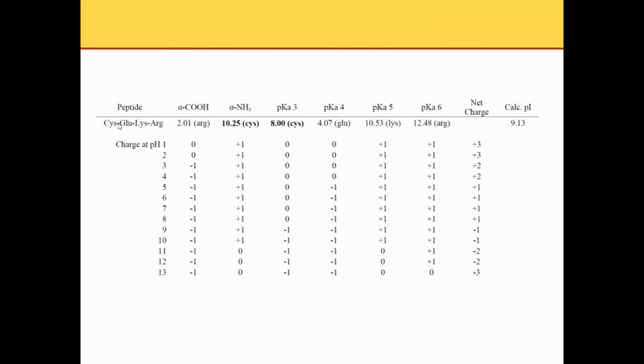Since they all have a titratable side chain, you have to put the pK for those titratable side chains here. So you have 6 numbers. For these 6 numbers, you find the middle, number 3 and number 4. Okay, good. So that's the pI calculation.